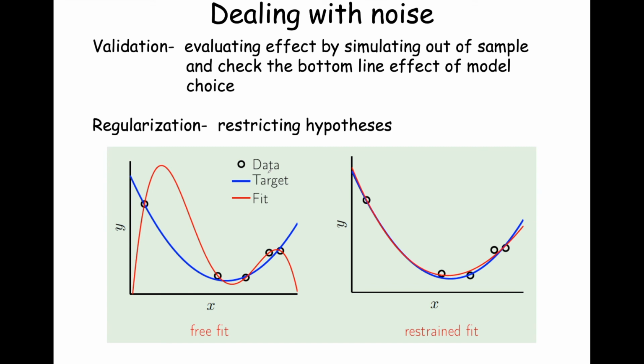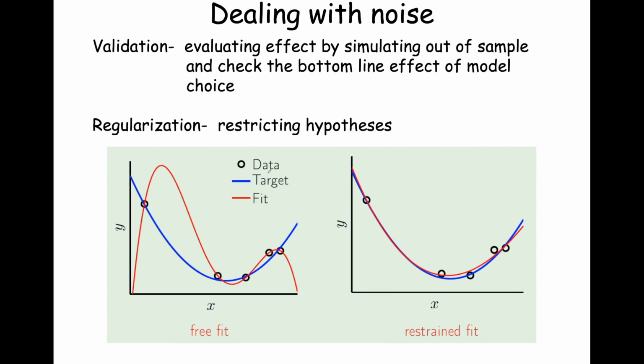You can also restrict your hypotheses so that they're not as expressive, because if they're too expressive, they're going to fit the noise in your data. And in doing so, you can lessen the impact of noise and therefore make out-of-sample error a little bit better. That process is called regularization.